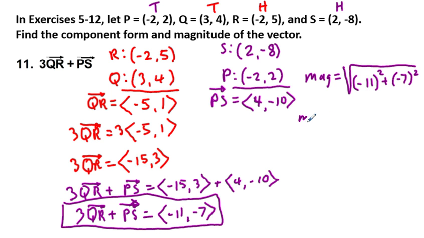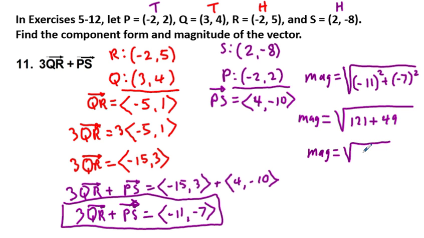So -11 squared is 121, and 7 squared is 49, and 121 plus 49 is 170. So the magnitude of this vector is going to be the square root of 170.